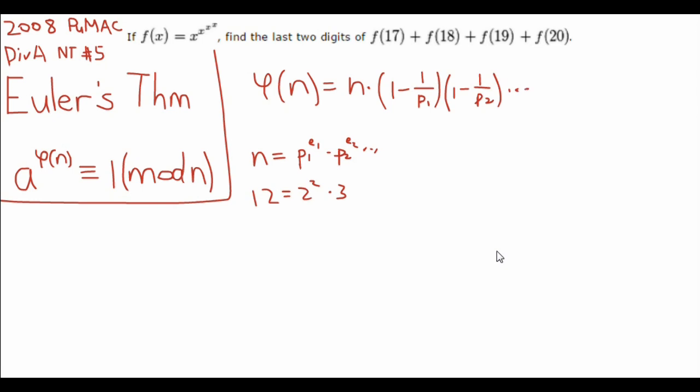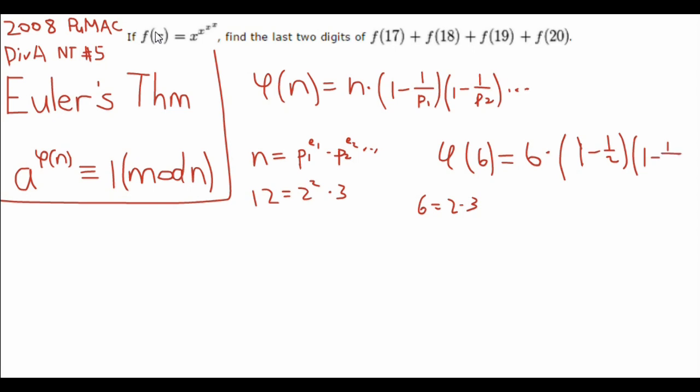For example, if we have the totient function of 6, then we can see that 6 equals 2 times 3, so 2 and 3 are both prime factors of this. And by our formula, the totient function of 6 is 6 times 1 minus 1 over 2 times 1 minus 1 over 3.